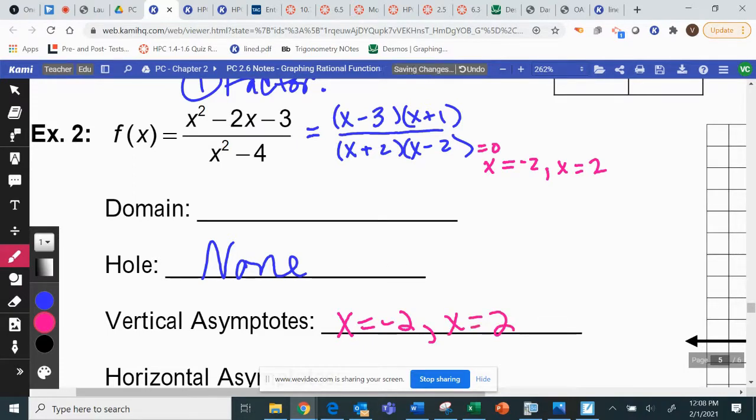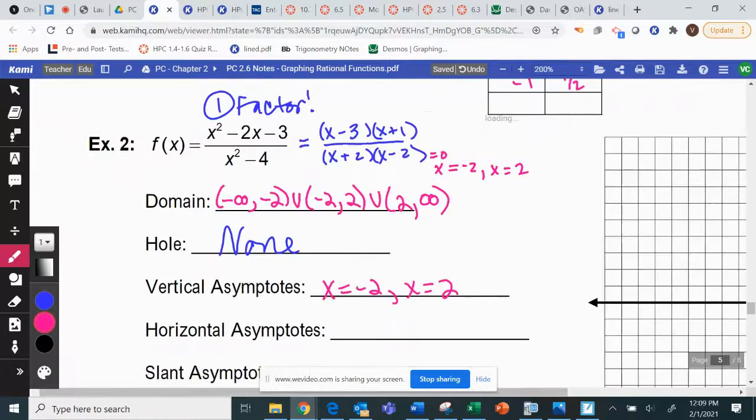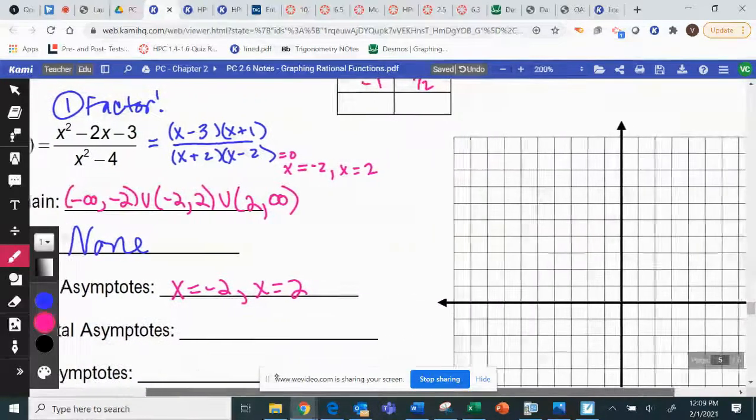And for our domain, it'll start at -∞, go to -2, union -2 to 2, union 2 to +∞. It's not going to equal those because they're asymptotes, so it'll never equal those. So that's why we have the parentheses.